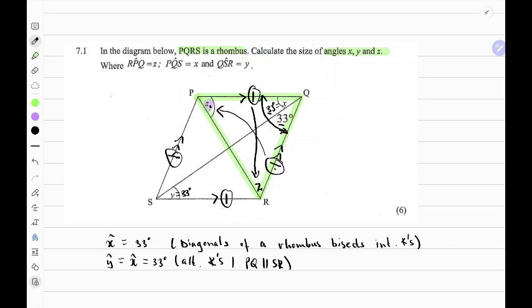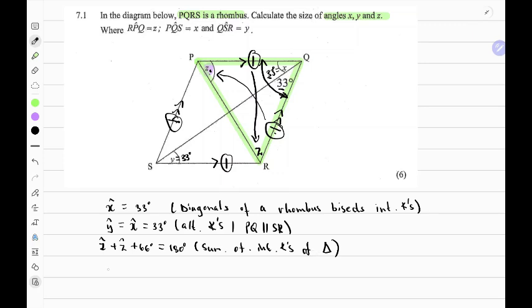Now we can use sum of interior angles of a triangle. We can say Z plus Z plus 66 degrees equals 180 degrees. This is because of the sum of interior angles of a triangle. So this simplifies to 2Z plus 66 degrees equals 180 degrees.